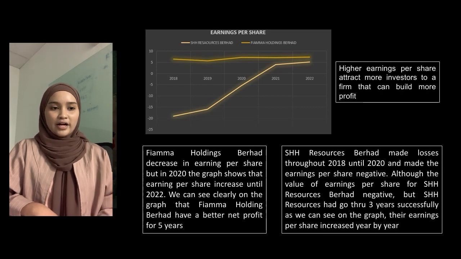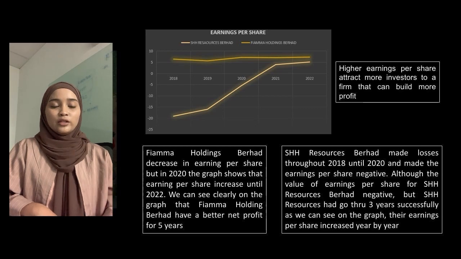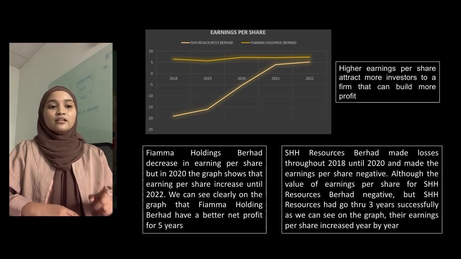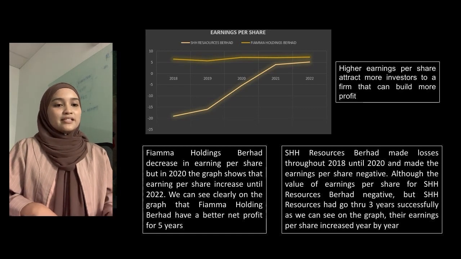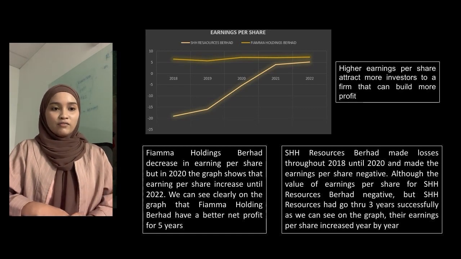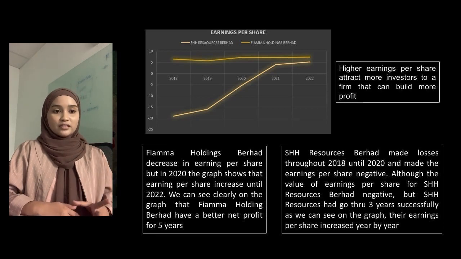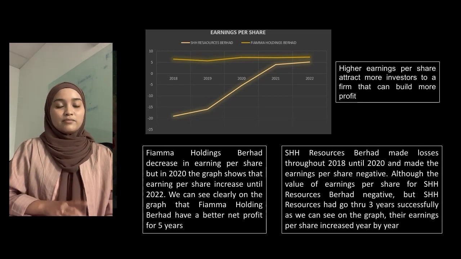Fiamma Holdings Berhad decreased in earnings per share, but in 2020 the graph showed that earnings per share increased until 2022. We can see clearly on the graph that Fiamma Holdings Berhad had a better net profit for 5 years.